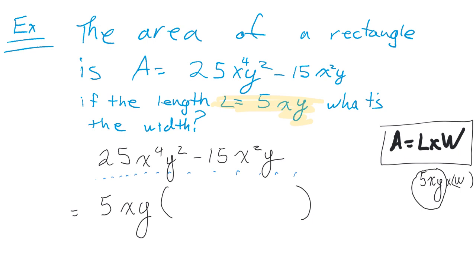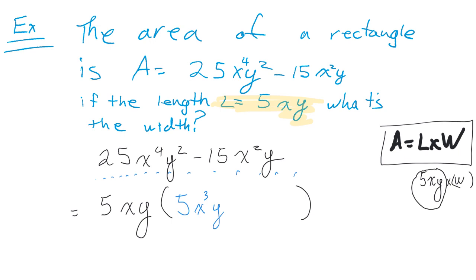So, ready? 25 divided by 5 gives us 5. Then we have x to the 4 divided by x, which gives us x cubed. Y squared divided by y gives us y to the 1, which is just y.